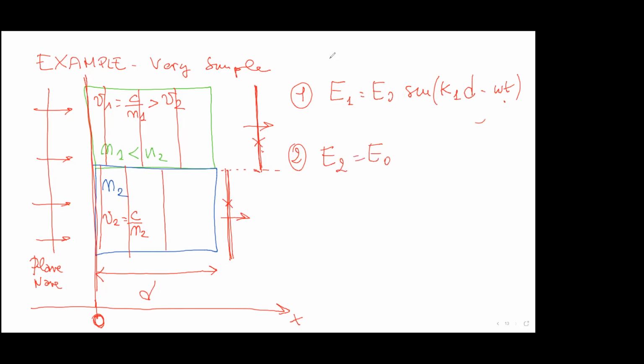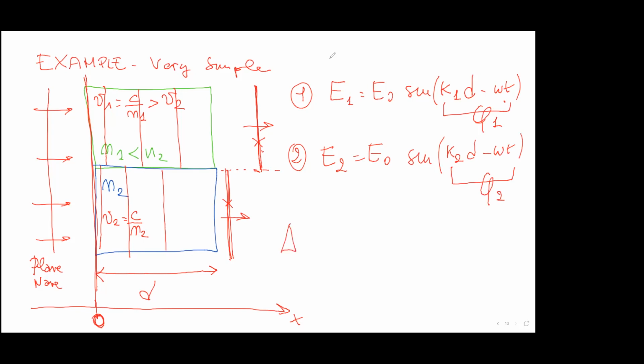Let's take into account that the two amplitudes are the same, and you have sine of k2 d minus omega t. So you see that the two phases are different. This is the phase of wave 1. This is the phase of wave 2.